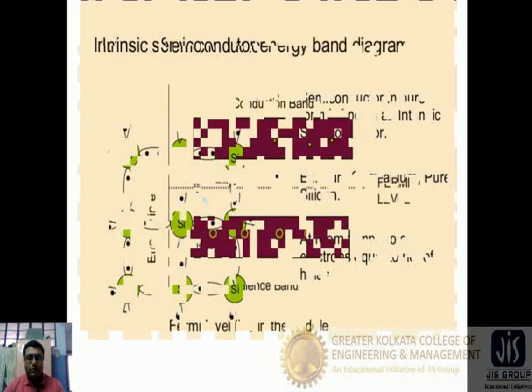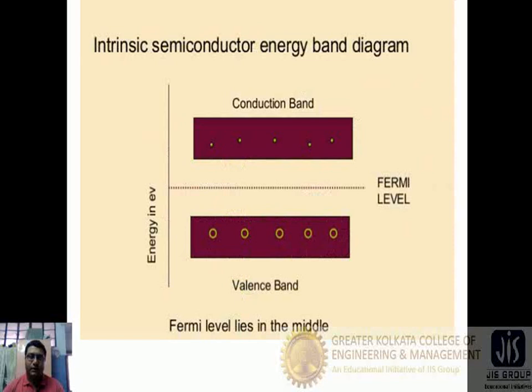Now we will discuss the energy band of an intrinsic semiconductor. It is the energy band diagram. There is the valence band and the conduction band. There are two bands in the semiconductor, and the difference between the conduction band and the valence band is known as the band gap of the semiconductor.